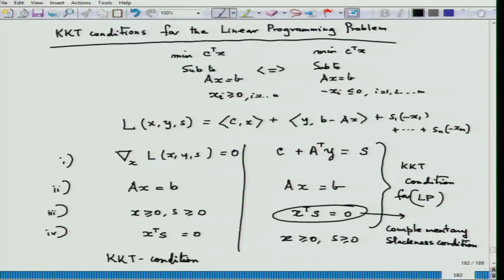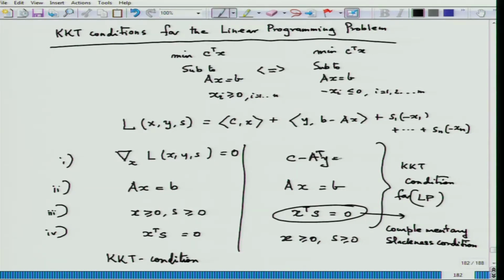Now, if you look at it, this is a system of equations. So, I can put the S on the other side and make it slightly better looking. Sorry, the first part was C minus A transpose y equal to S. I made a mistake, there was a minus.